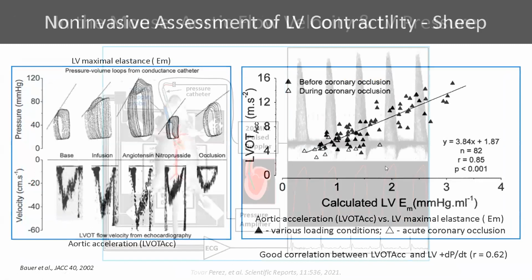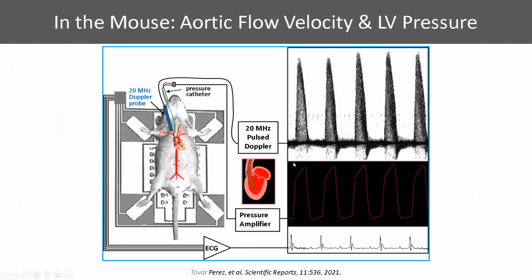So with all this in mind, we decided that we wanted to do a study in mice to validate, because people have used the mean aortic acceleration or accelerations to define based on studies from other animals. But we wanted to show that it also works in mice, because now the catheter size with respect to the heart is much, the ratio is much larger, if you will, compared to when you take a small catheter and put it into larger animal hearts.